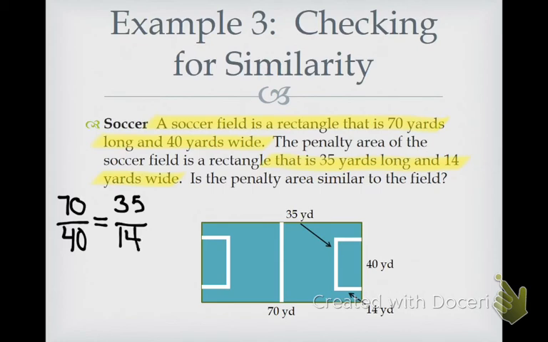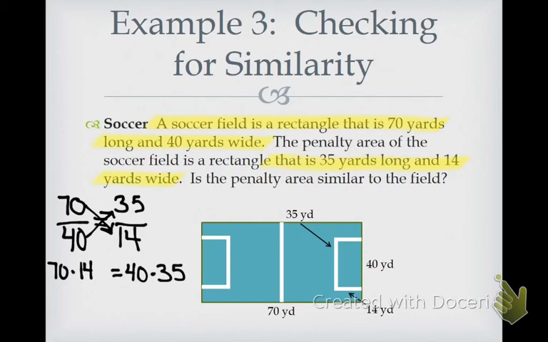Does anybody remember how we check to see if it's a proportion? If we know all the values, how do we check? We did this on our homework last night, Greg? Very good. You cross multiply 70 times 14 and 40 times 35. Does 70 times 14 equal 40 times 35? If it does equal, then they are similar. If it does not equal, then they are not similar.